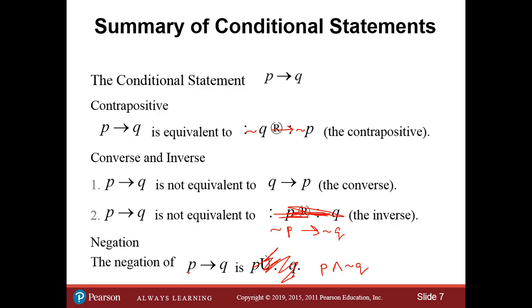So if this side is true and this side is false, here, if we have true, true, that means we have this, P and not Q. Well, what if this is true and this is true, what do we get?